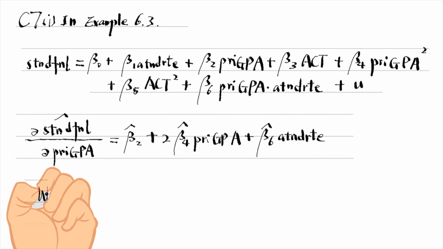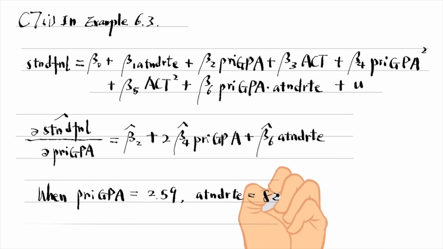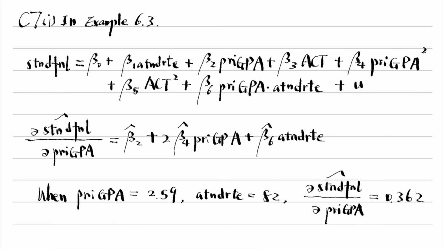Plug in the evaluation values and we obtain the result 0.362. As the prior college GPA increases 1 point, the final exam score will increase by a 0.362 standard deviation at the evaluation point.